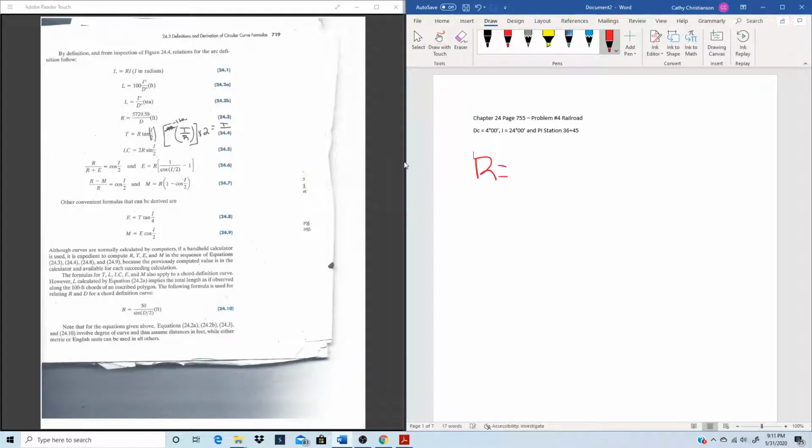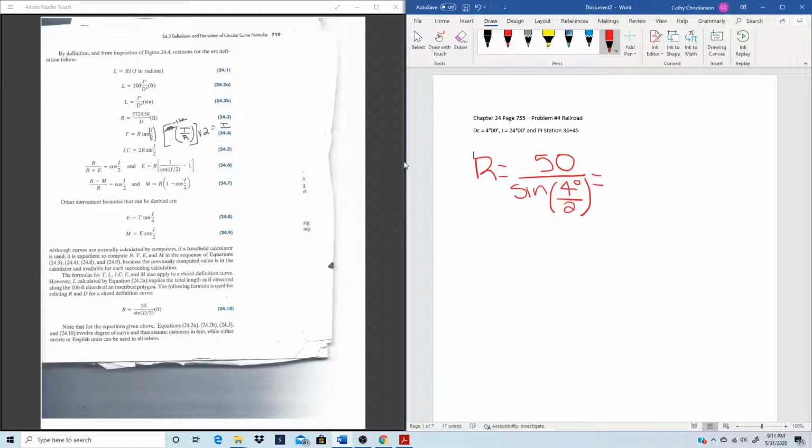So R equals 50 divided by sine of D over 2, and our D is 4. Your 50 is a constant, your 2 is a constant. That'll give you your answer in feet.